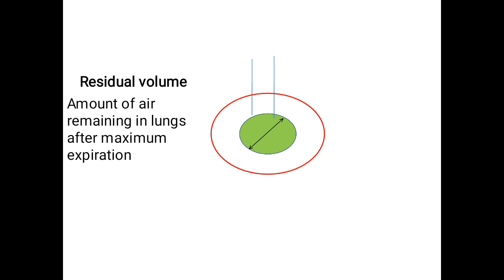Now this amount of air which we have expired maximally, which we are showing with the arrow, this volume is called as expiratory reserve volume.